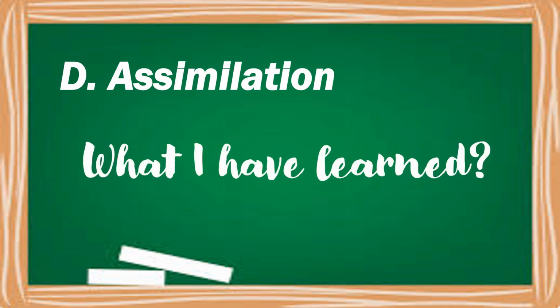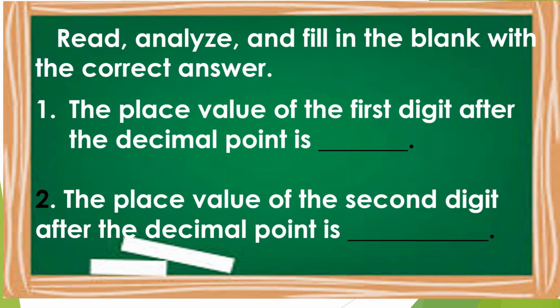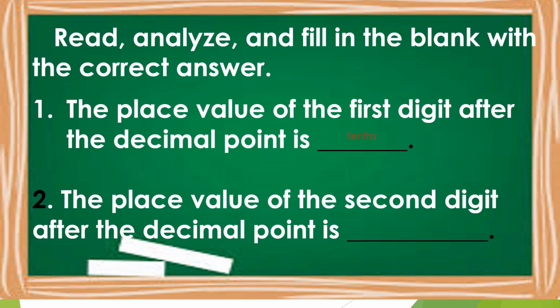What have you learned? Read, analyze, and fill in the blank with the correct answer. The place value of the first digit after the decimal point is tenths. Number 2, the place value of the second digit after the decimal point is hundredths.